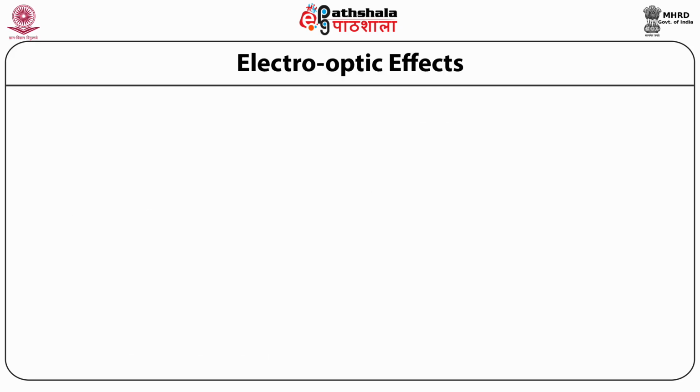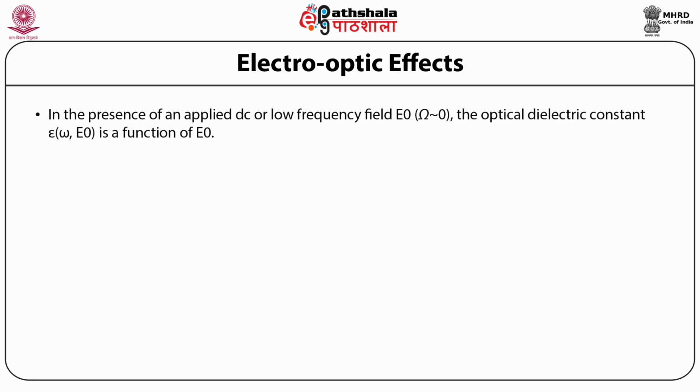So students, let us now discuss the theory of the electro-optic effect. In the presence of an applied DC or low frequency field, that is E naught, the optical dielectric constant, epsilon of omega comma E naught, is a function of E naught.